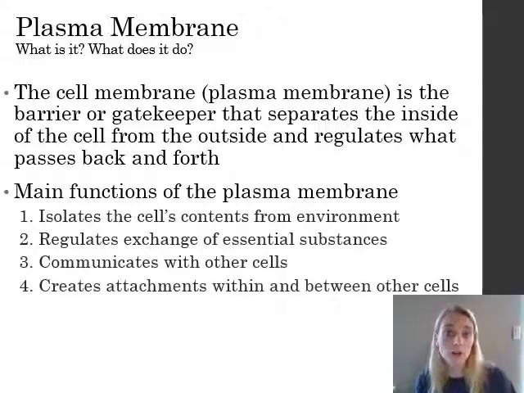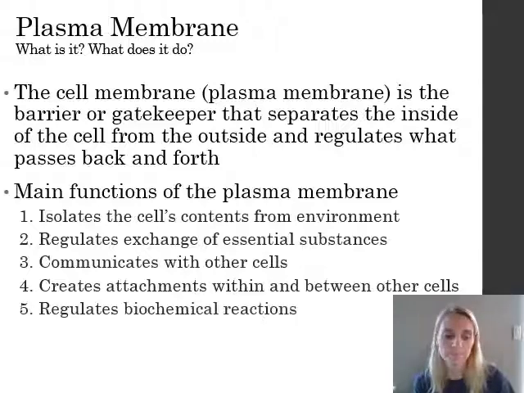There can be anchoring proteins. We're going to be talking about plasma proteins here in a little bit, but they can attach to other plasma membranes, especially in multicellular organisms, like in our skin. Your epithelial cells are tightly connected to each other, and their membranes are tightly connected to each other.